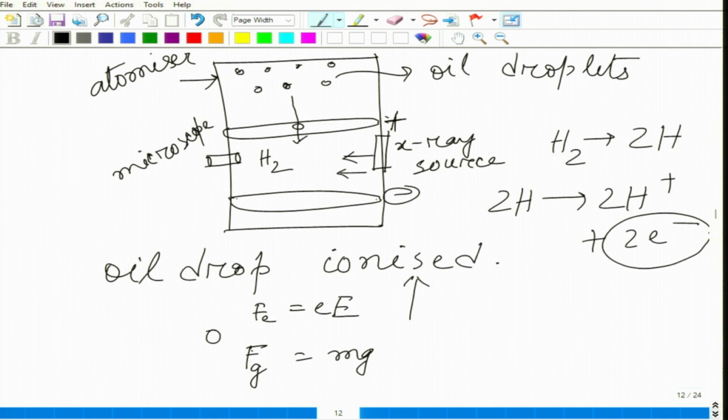Now by very careful adjustments, the forces acting on the oil drop were balanced such that Fe equals Fg. So now the oil drop becomes stationary.